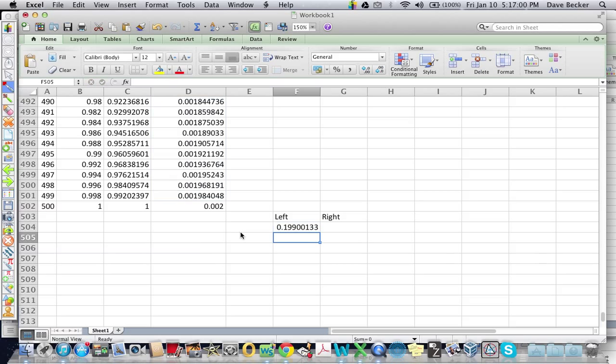Okay, 0.199999. And then the right rectangles are going to be the sum from D3, that corresponds to x sub 1, all the way to D502.